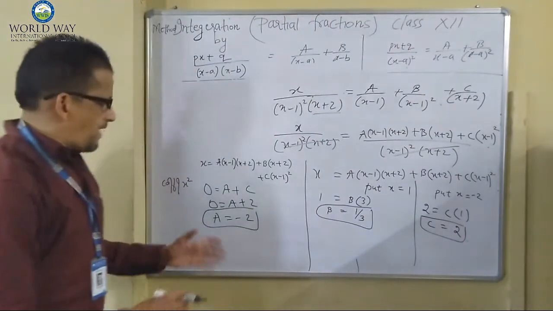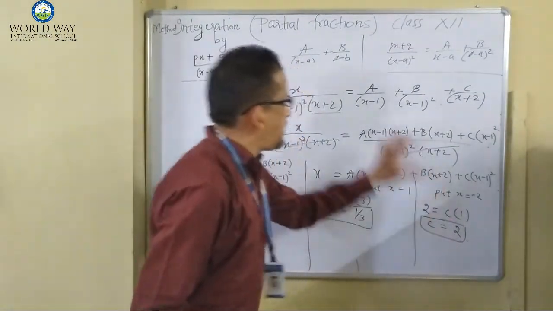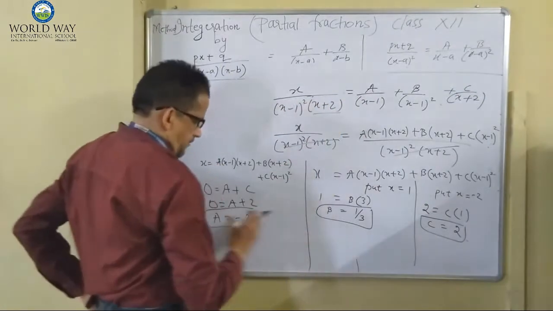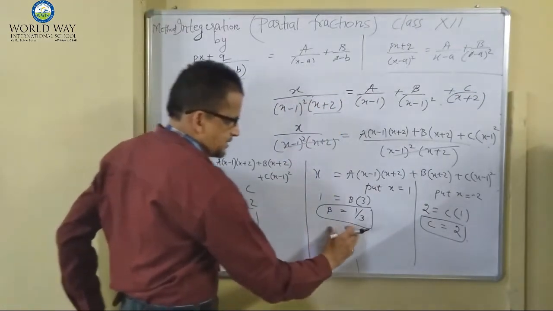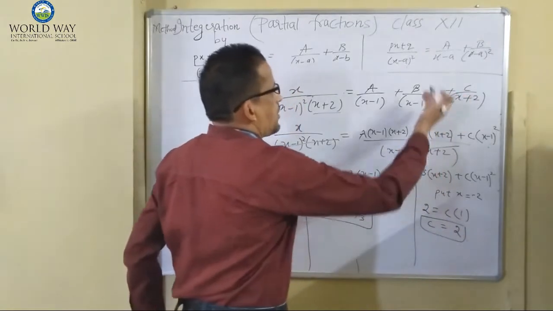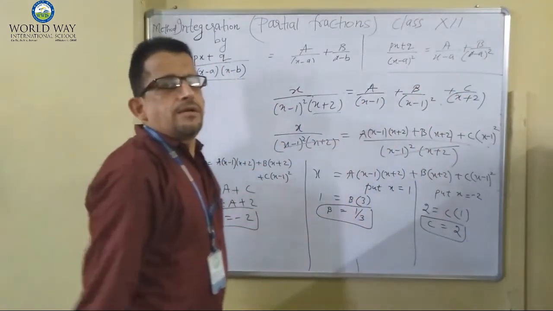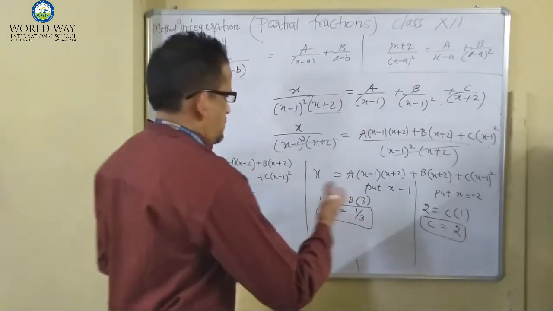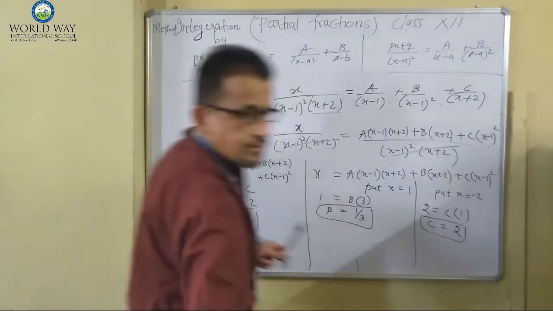Now put these values of a, b and c here. Put the value a is equal to minus 2, b is equal to 1 by 3 and c is equal to 2. And then do the integration. You know how to solve the integration? So look, I am continuing this.